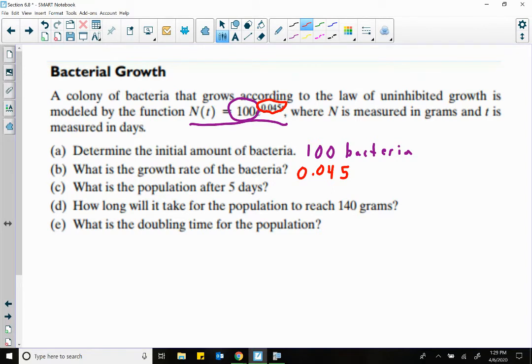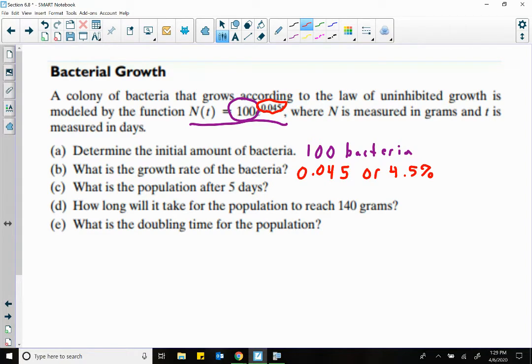So if it wants it as a percent, all you got to do is just move the decimal to the right 2 places. So we could call this a 4.5% growth rate. So just make sure that you look at it and read it. If it says percent on it, then take that number and move the decimal 2 places to the right. If it doesn't say percent on it, then keep it as the decimal.